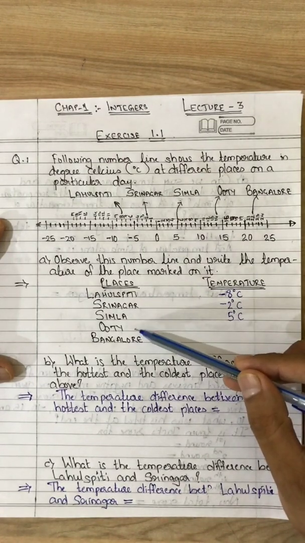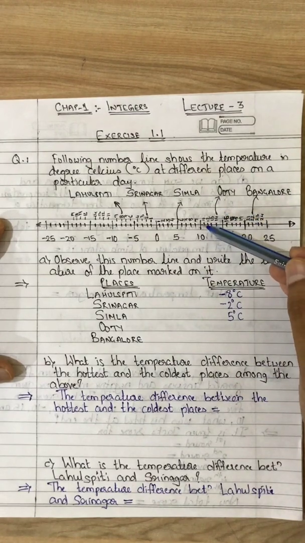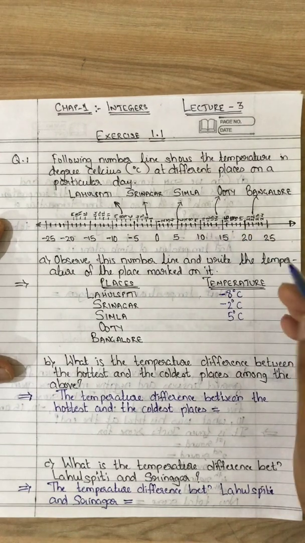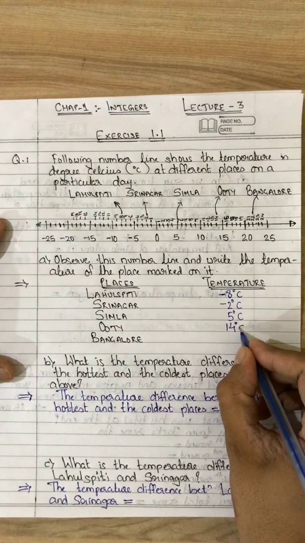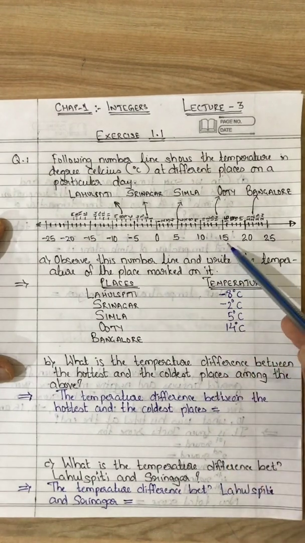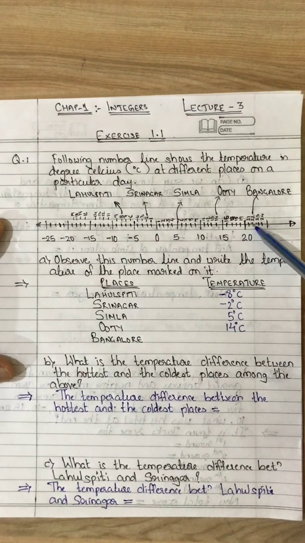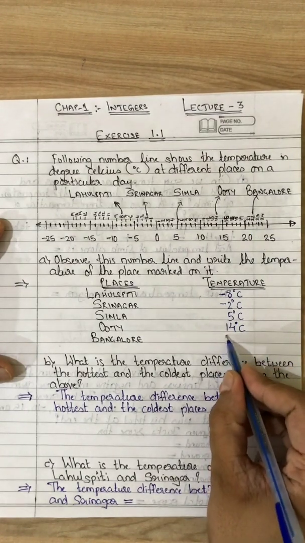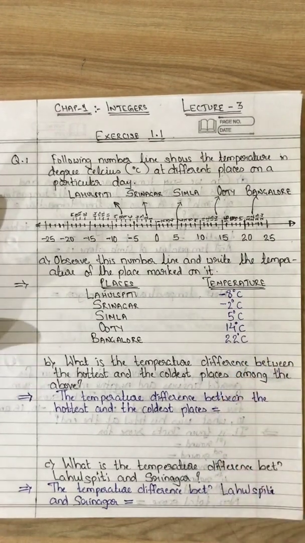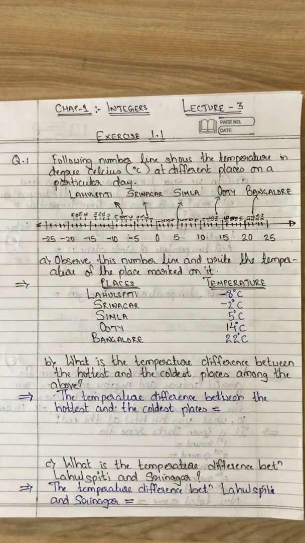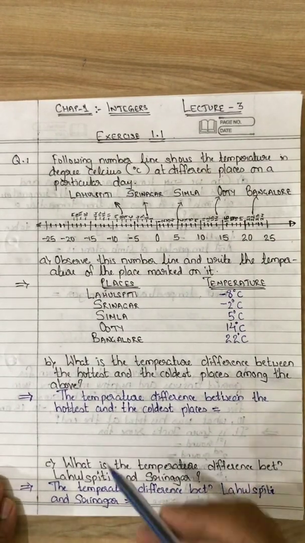Now Ooty is on 11, 12, 13 and 14 degree Celsius. Then Bangalore. See, Bangalore is on 20, after 20, 21 and 22 degree Celsius.